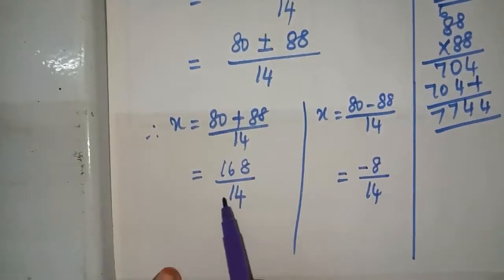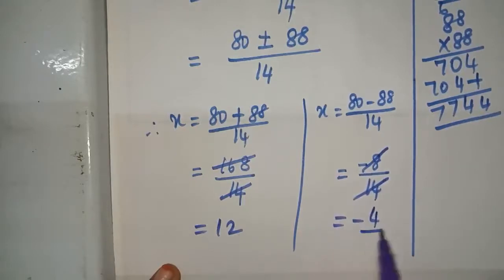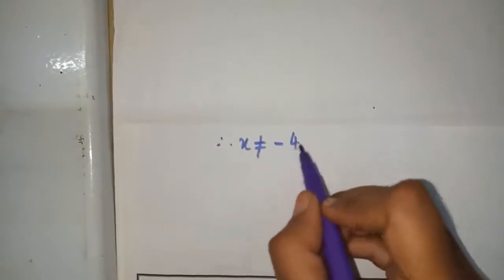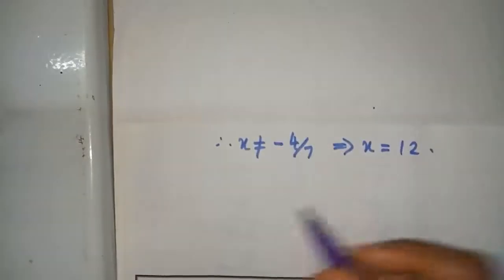If you simplify this, you get x is equal to 12 and here minus 4 by 7. Therefore, x won't be negative.